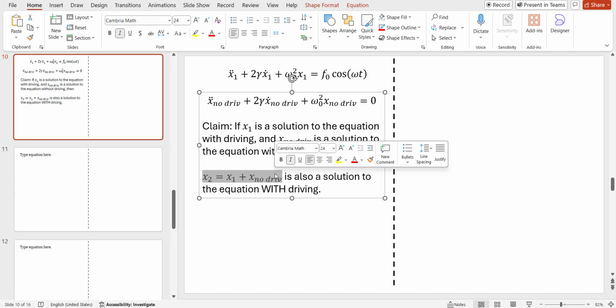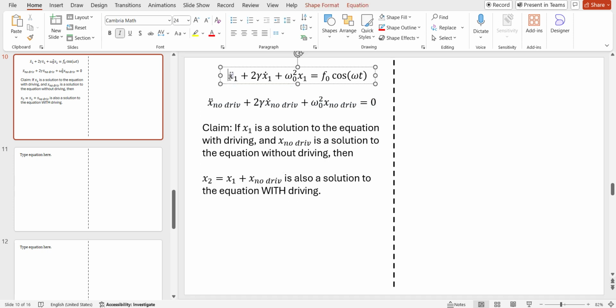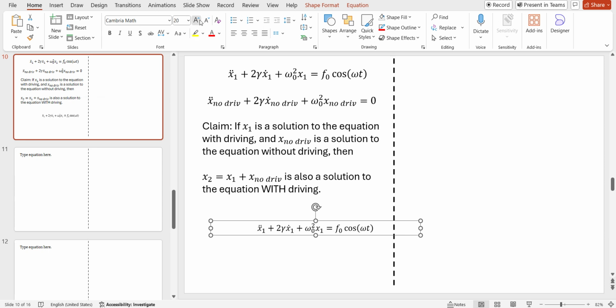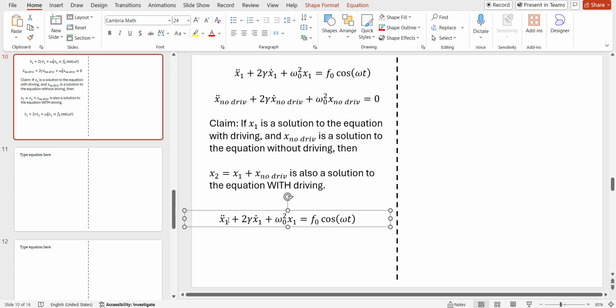If we take the equation with driving here, let's just plug in x2. When we plug in x2, this equation is linear.